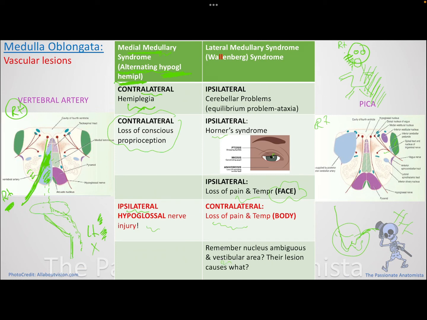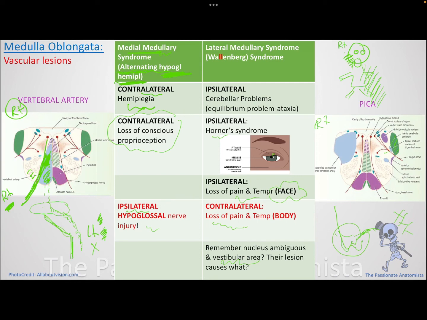I will have problems with the vestibular area. What kind of problems are these? The vertigo, the nystagmus, the uncontrolled movements, because the vestibular system is what controls your movements. So you're going to have these uncontrolled movements of your eyes. You're going to have the vertigo, all right? And the nucleus ambiguus, guys, remember that was my motor nucleus for the stuff in my throat that would help me to talk, that would help me to swallow.